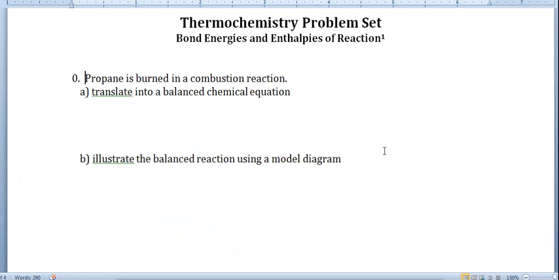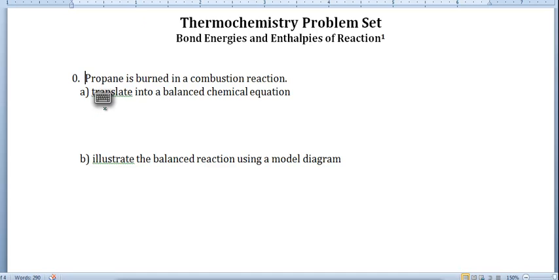Okay, so now let's go to an actual problem and see how we apply that thinking. All right, so it says propane is burned in a combustion reaction. Okay, so we got to come up with a balanced chemical reaction for this. All right, so let's do it.